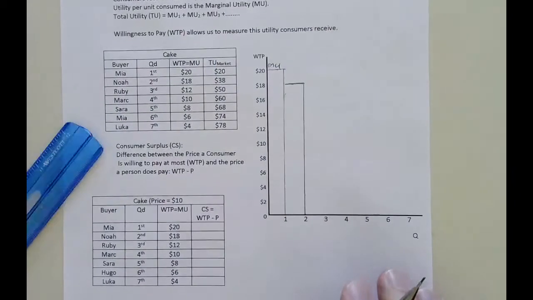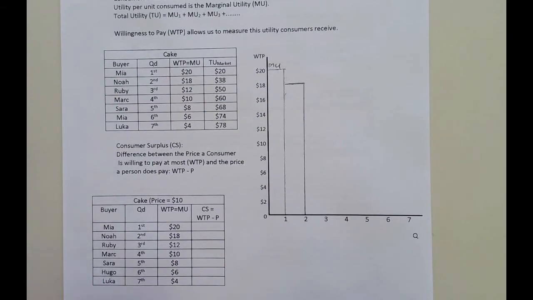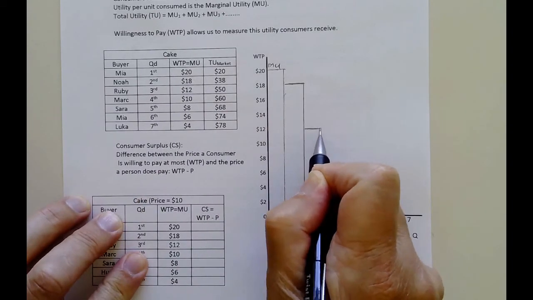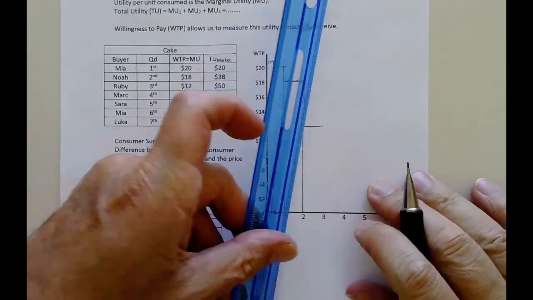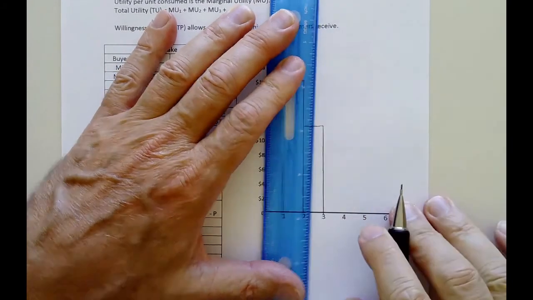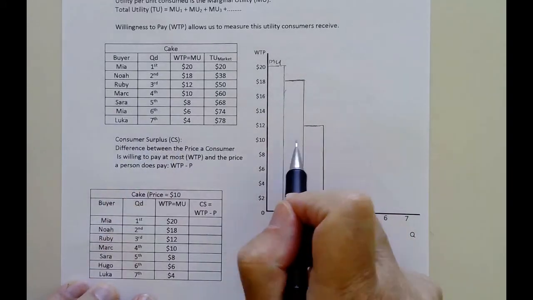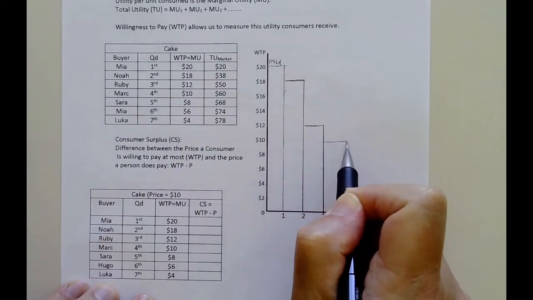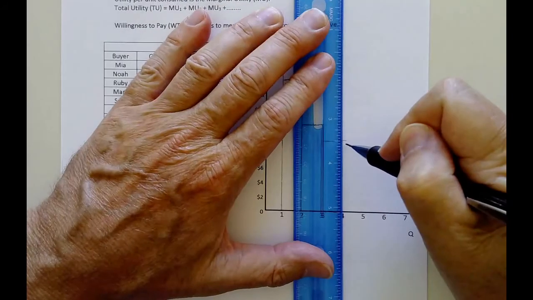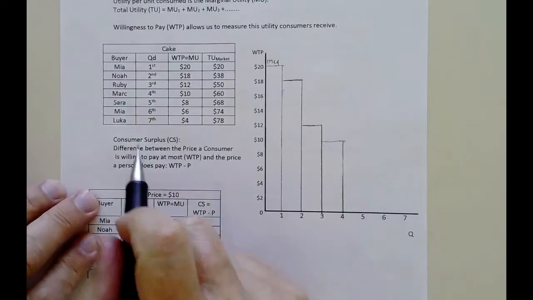So I add a second bar. And see, we're ranking our purchases by highest marginal utility down to the lowest. Ruby's willing to pay 12. That'll be about there. Mark's willing to pay 10. Sarah's willing to pay 8.